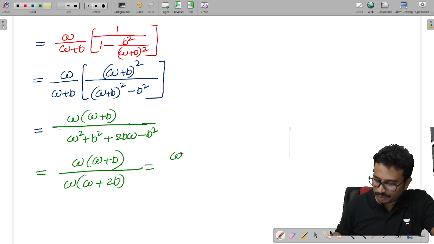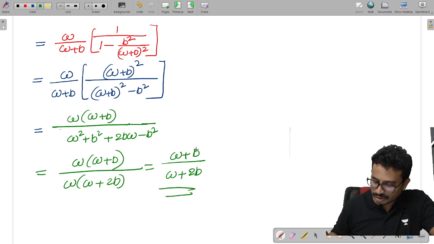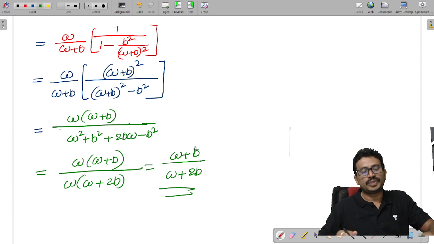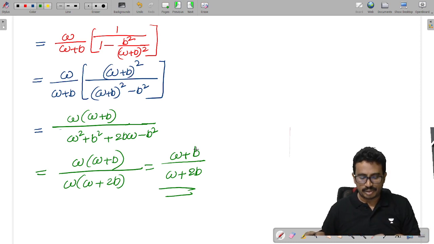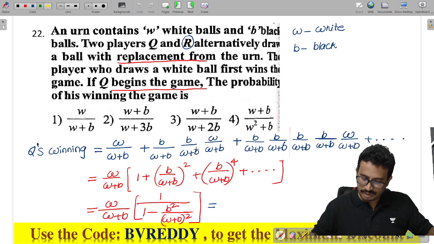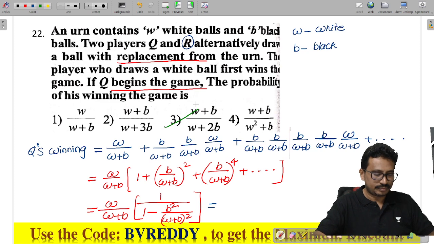So what will I get now? W by W plus 2B. This is the probability of whose winning? It is the probability of Q's winning. Fine. So what's the option you see? Third option.